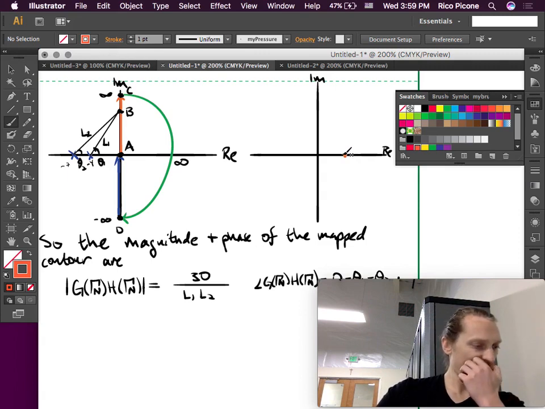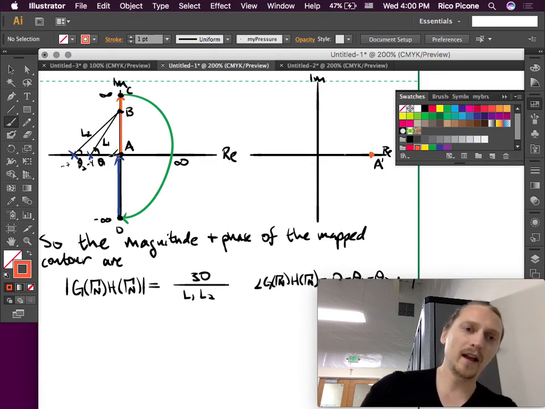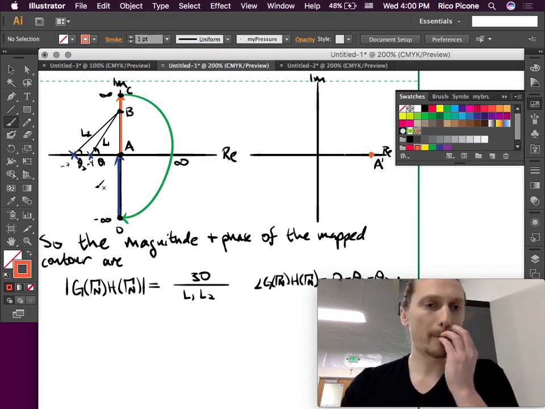And as we move up, looking ahead, I'm going to move this out here a little bit just because I know where this is going. I want it to be scaled reasonably. And I'm going to call this point A prime, okay? The mapped A point. And as we go up this, the angles are going to do what?